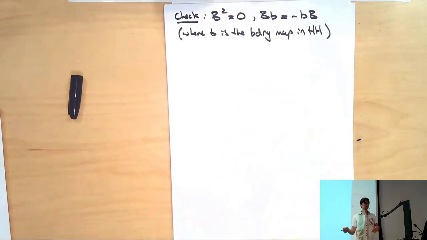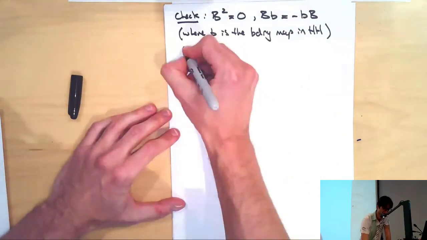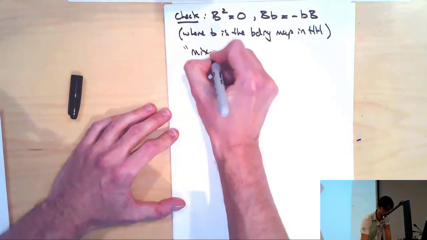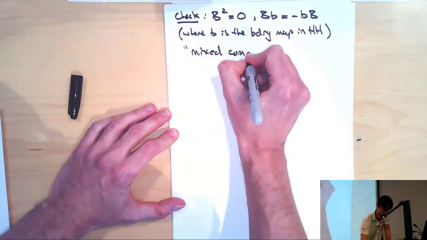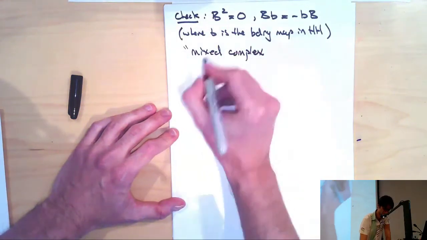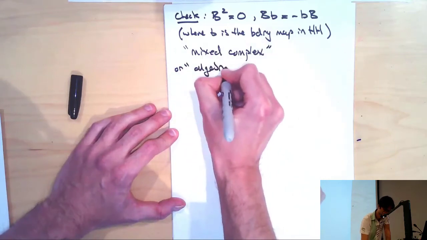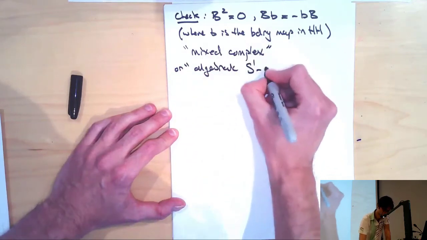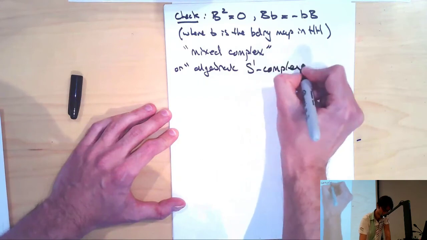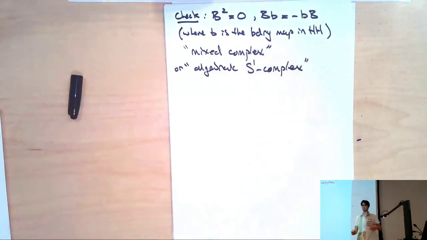And this structure of simultaneously being a chain complex and a cochain complex in a compatible fashion is what is classically known as a mixed complex, or an algebraic S1 complex, where this S1 is the circle, which will play a role when we start to adopt a more highbrow point of view on these constructions.